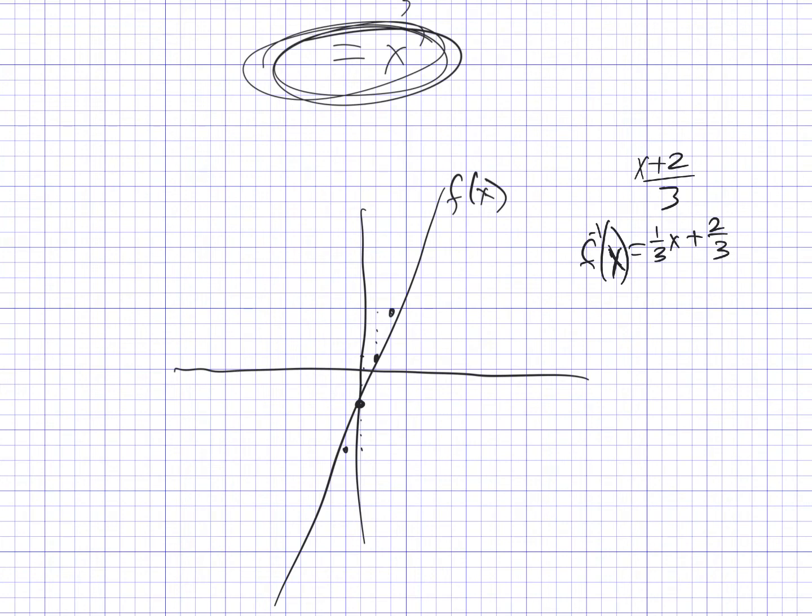So that's going to go through at 2/3. And the slope is up 1 and over 3. 1, 2, 3. Up 1 and over 3. Okay, so that is what g of x looks like. So those are your graphs and how to find the inverse.